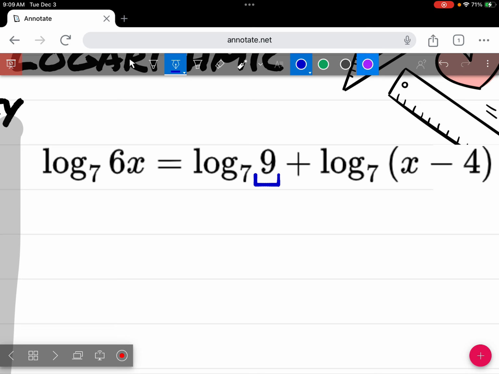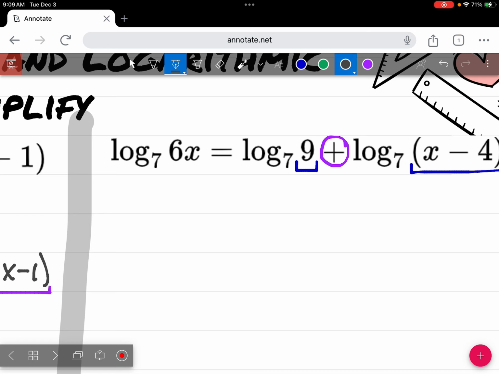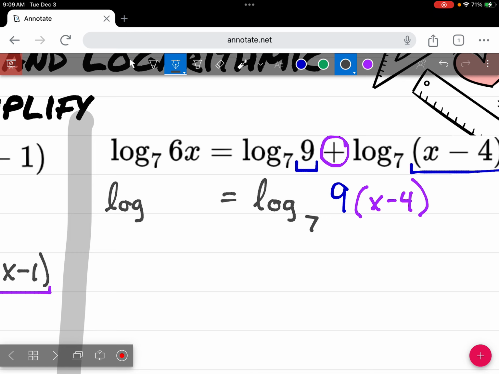Yeah, I need to take my 9, our addition becomes multiplication, and our x minus 4. So this is going to become our log base 7 of 9 times our x minus 4. Equals our log base 7 of 6x.